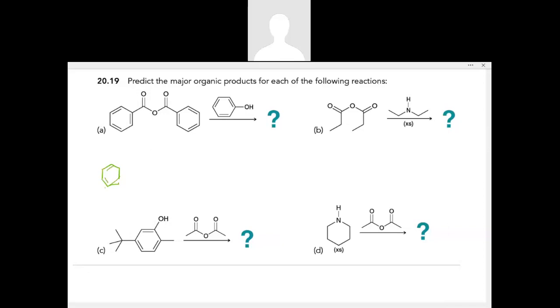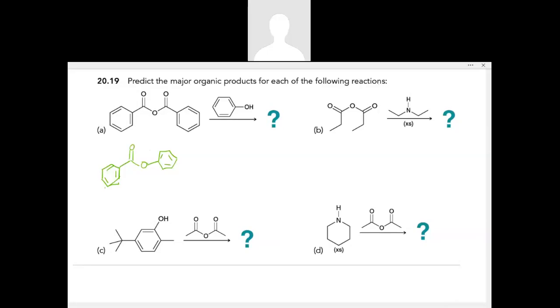We would have our phenol on this side of our anhydride, and then the oxygen atom from the phenol would be replaced here. So we've seen similar products in previous example problems when phenol reacts with an anhydride.